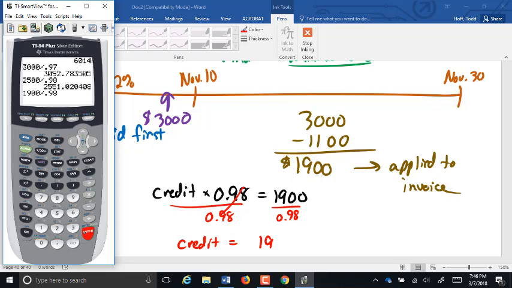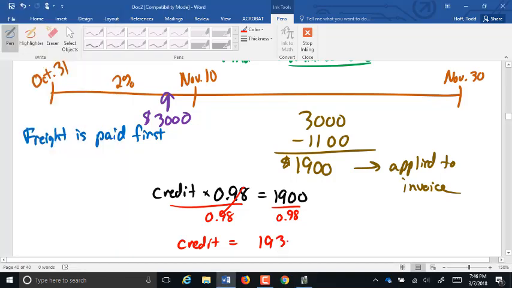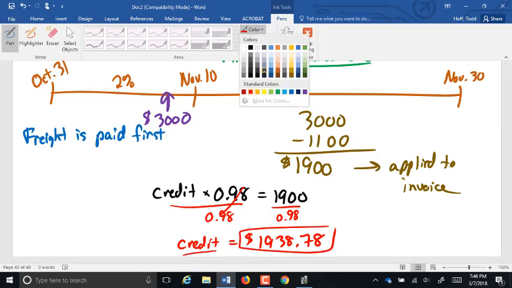I'm just going to divide it up. $38.78. So $1,938.78 is the credit.